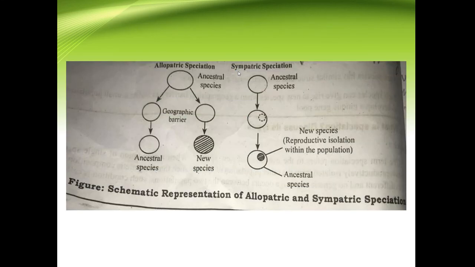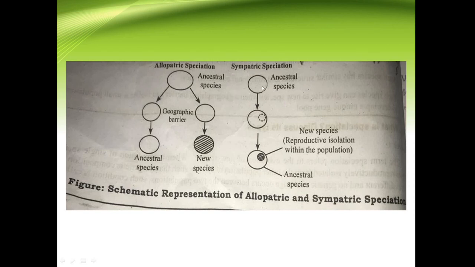You can see in this diagram the schematic representation of allopatric and sympatric speciation. In allopatric speciation, geographical barriers like formation of mountains make the population evolve into a new species compared to the ancestral species.